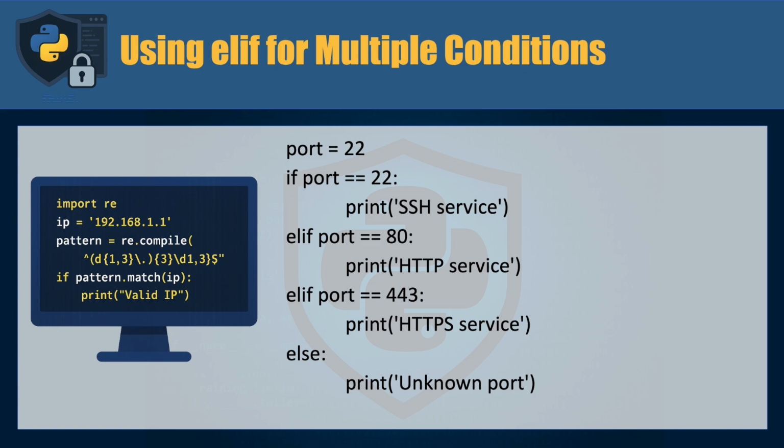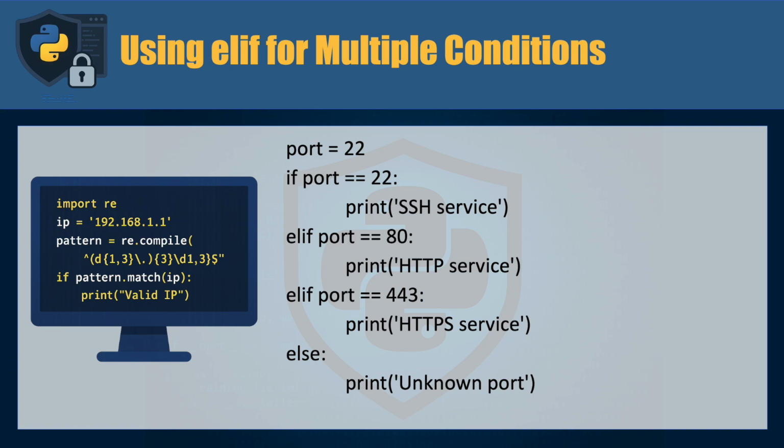Another use case would be to simulate a port scanner. Using if, elif, and else, we can detect which service is likely running based on a port number. In this example, we're checking the port. If it's equal to 22, then we print out SSH service. If the port is equal to 80, we'll print out HTTP service.